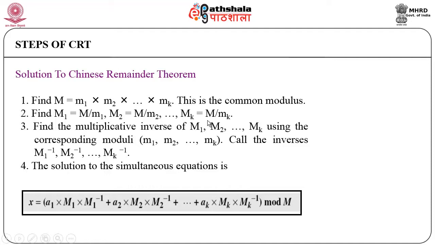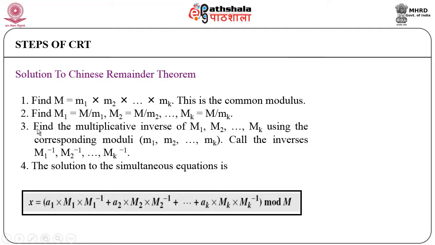So, this is the second step. First we need to find the common modulus. In this case, we have to multiply 3 into 5 into 7. Then after getting the value, we divide it by m1, m2, m3 to get capital M1, M2, M3. That is step 2.